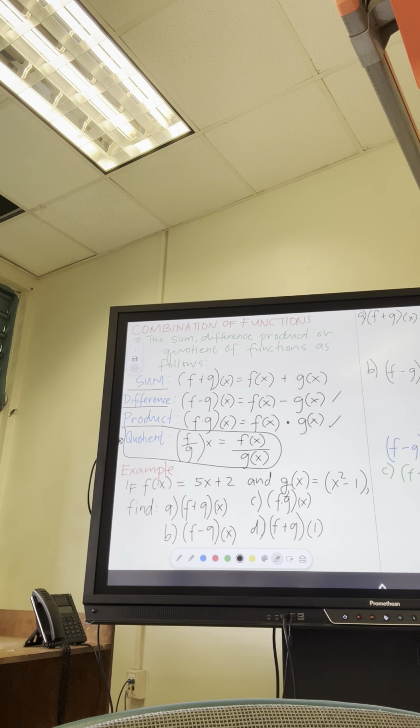So what you're going to do now, you are going to arrange the functions in decreasing order of power. So you start with 5x cubed, and it follows with plus 2x squared. Then, we have minus 5x.